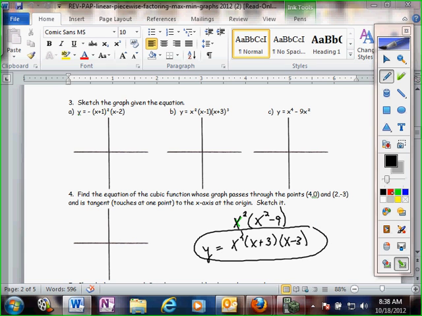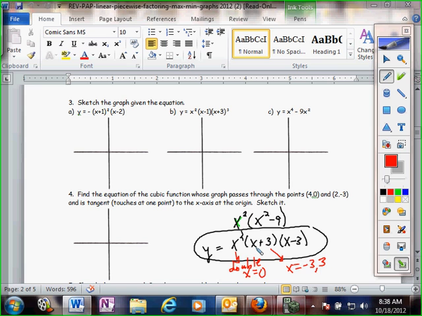This means that I have a double root, because of the squared term there, at x equals 0. I have a single root at x equals negative 3, and I also have a single root at x equals positive 3. Remember, you're changing your signs from the equation to the graph and from the graph to the equation. So how do I graph this?